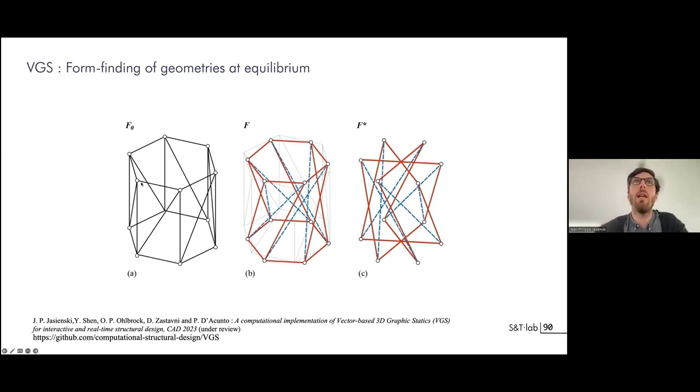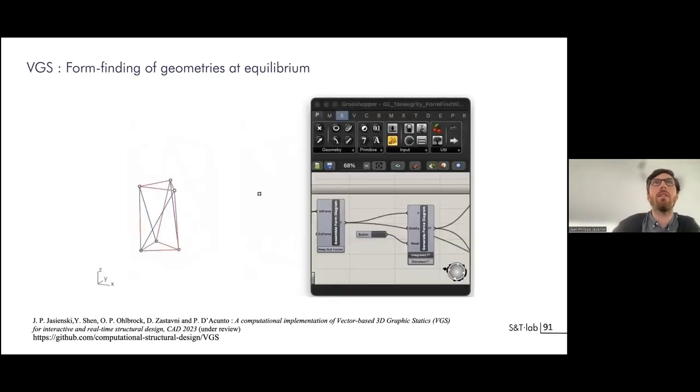So on the left, you have a first geometry that you defined, and you will ask VGS, through the aid of the numerical solver Kangaroo, to modify the geometry until it finds a force diagram that closes, which means that all the cycles are connected to each other. And so we'll see some examples.